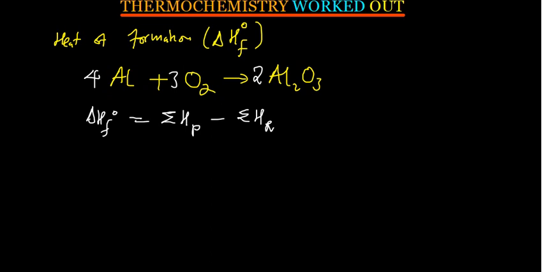So please take note, the heat of formation of pure elements is zero. If you find delta H F to be negative, it means that in that reaction heat is released. It also teaches us that the heat of the products is smaller than the heat of the reactants. That is why the heat of formation is negative.